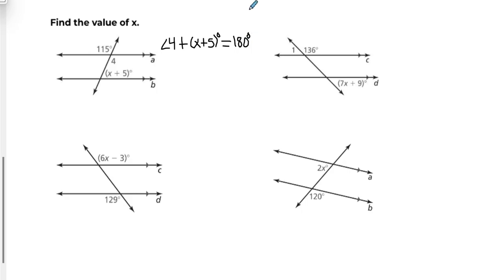Okay, now once again we know the measurement of angle 4, and that's 115 degrees.